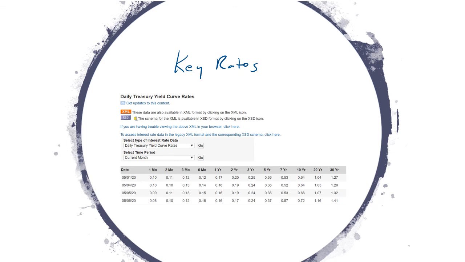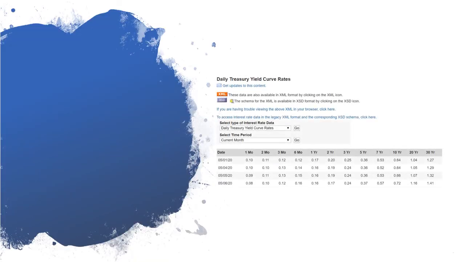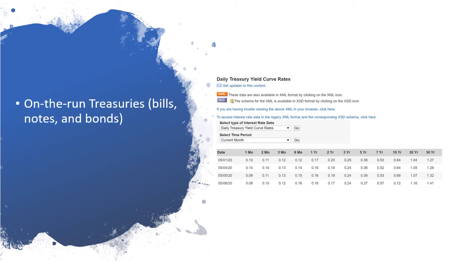For U.S. Treasury key rates, we can pull up a website from the U.S. Treasury Department. There are 12 as of today. These key rates come from Treasury bills, notes, and bonds. It is another topic to go over various Treasury securities and how they are auctioned and traded.